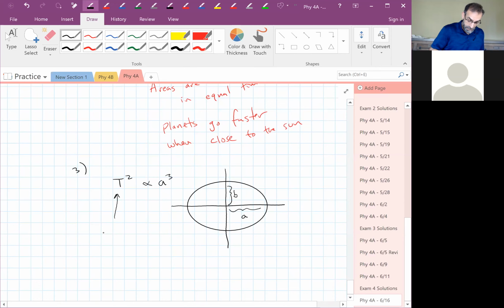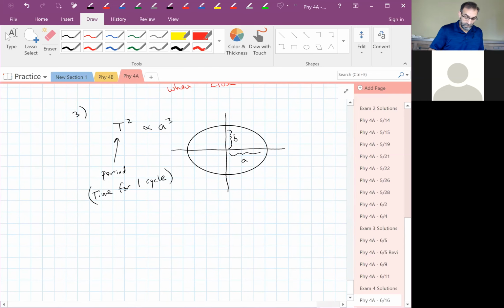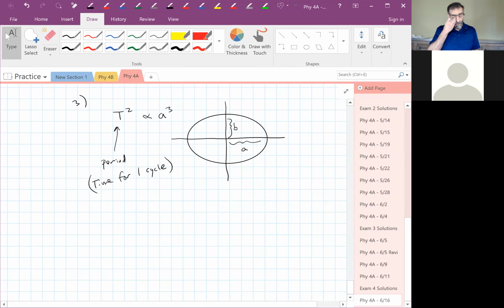Capital T is the period. That's the time for one cycle. That's the period. So we're going to derive this ourselves, but not for an ellipse. We're going to derive it for a circular orbit because that's what we know how to do, right?